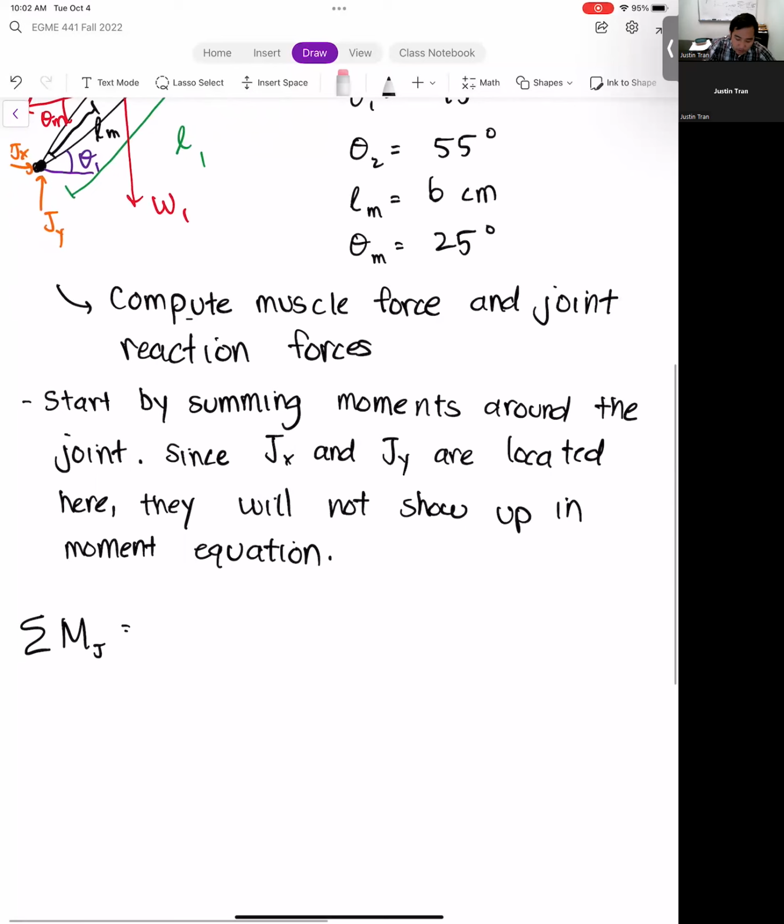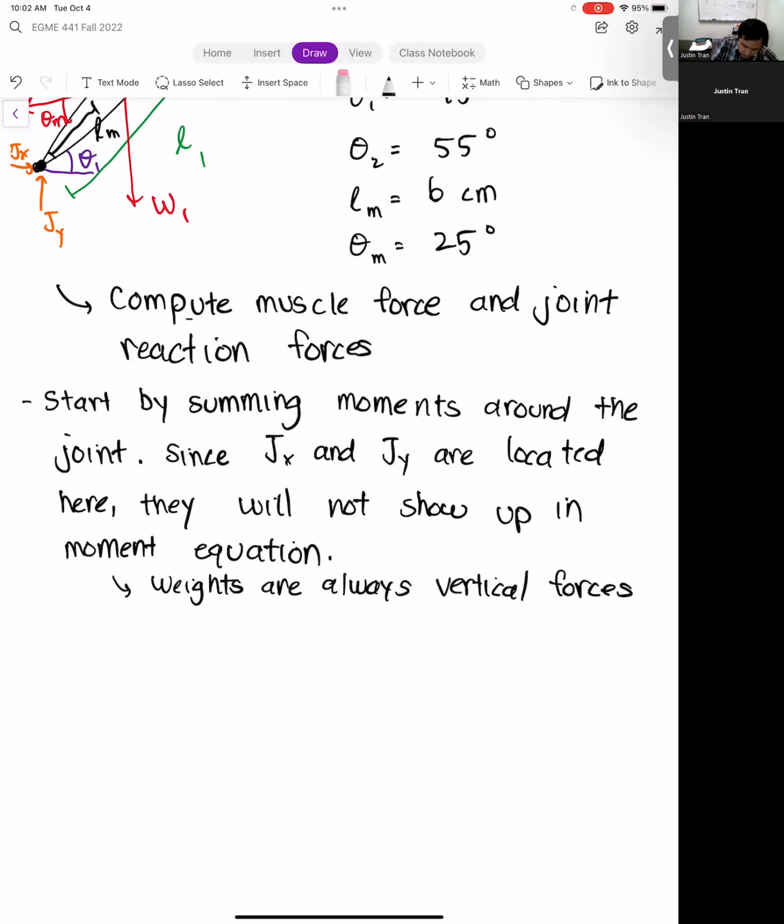So I'm going to start with the weights actually, and so we'll do the muscle force after that. I'm going to start with the weights because one thing that weights always have in common is that they're always vertical forces. Let me give myself a bit more room because I want to write this tip.